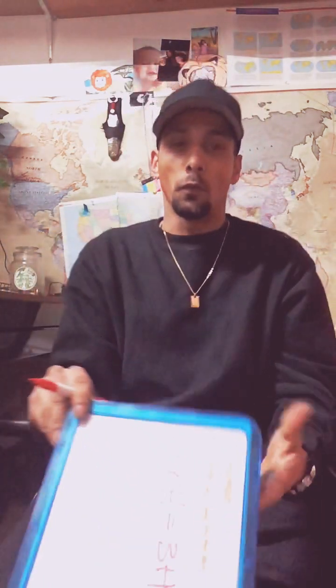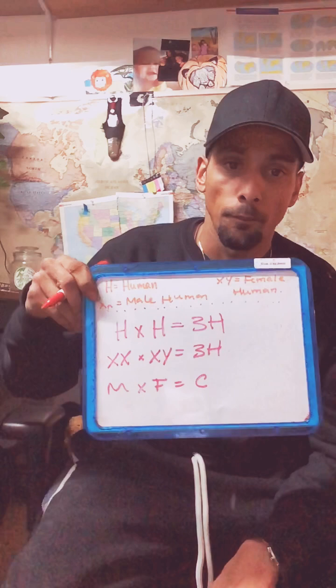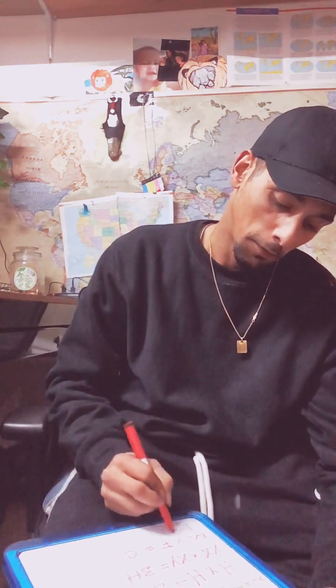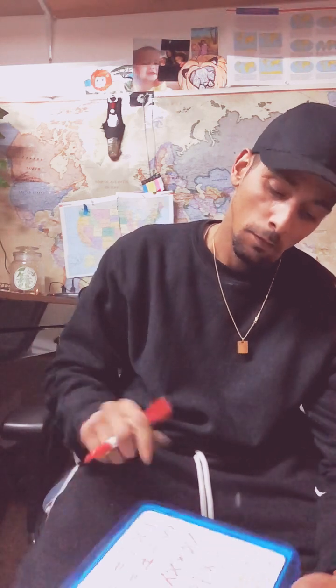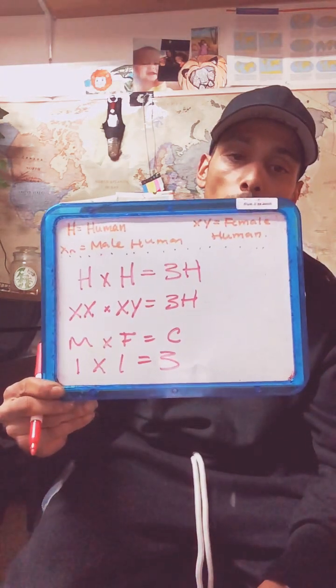So naturally, there's only one equation that can work to this, and that would be XX times XY equals 3 humans. Or you could say male times female equals a child. Or you could say 1 times 1 equals 3.